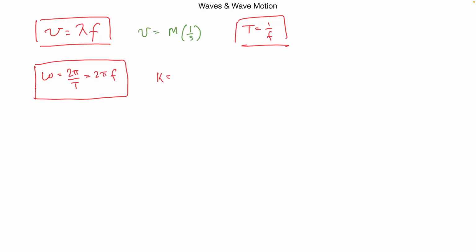This K, called the wave number, is 2 pi over the wavelength. How can you possibly know what K you are dealing with? Is it a spring constant? Or is it a wave number?